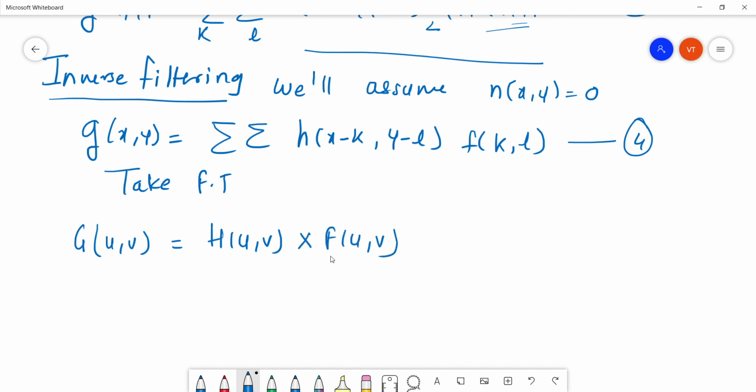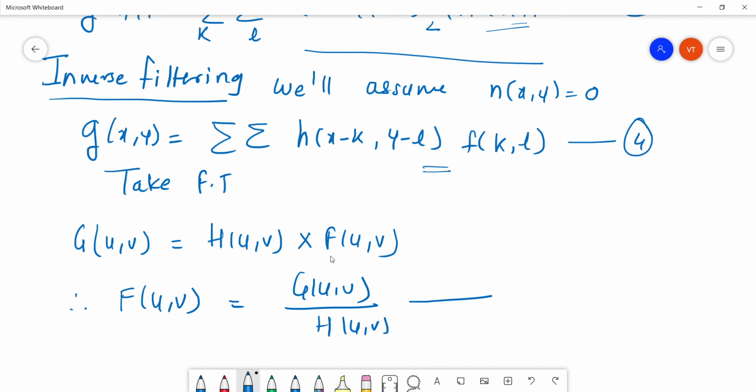Why multiplication? Because this was a convolution in one domain, so it becomes a product in another domain. I want to find out F of u,v. That is our objective. So what will be capital F of u,v? It will be equal to G of u,v upon H of u,v, right? So this is equation number 5.